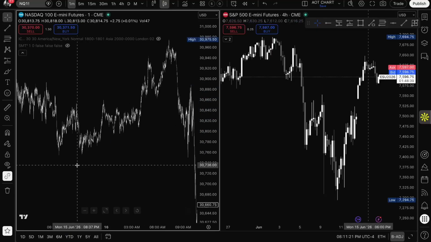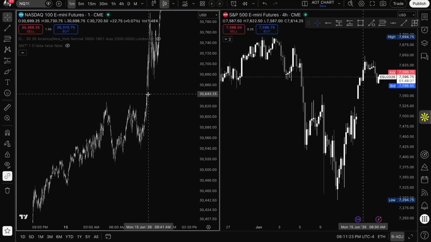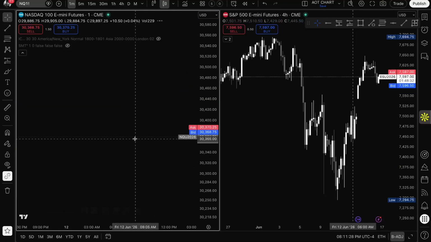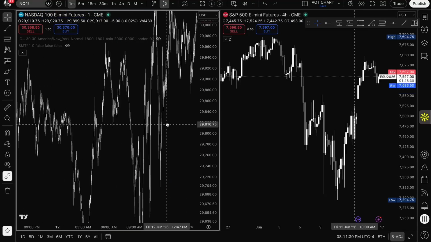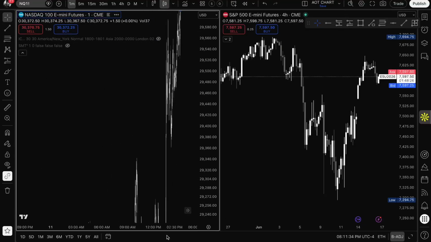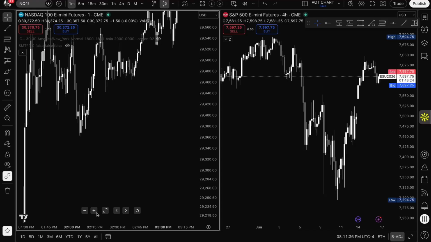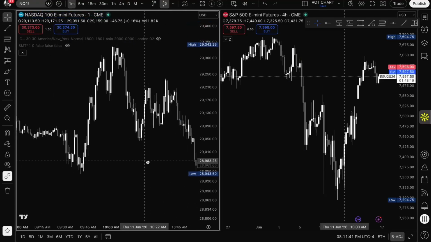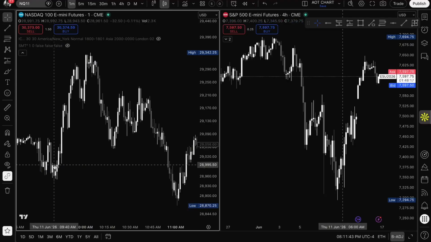So I like to trade when price is, hold on, this is Monday. Let me show y'all like this. All right, so y'all see the difference in this, right?